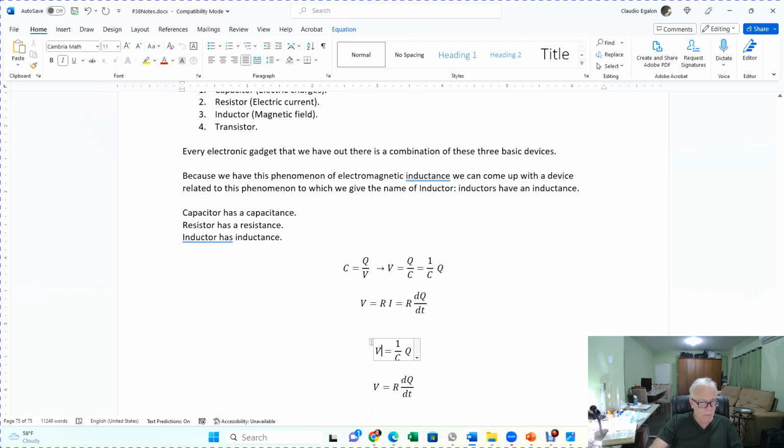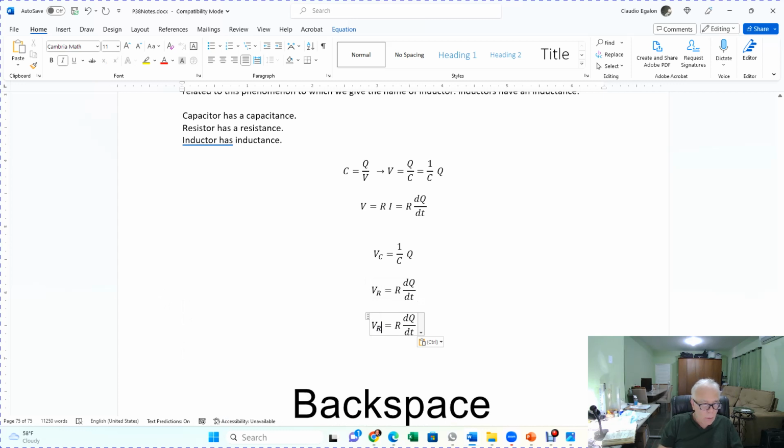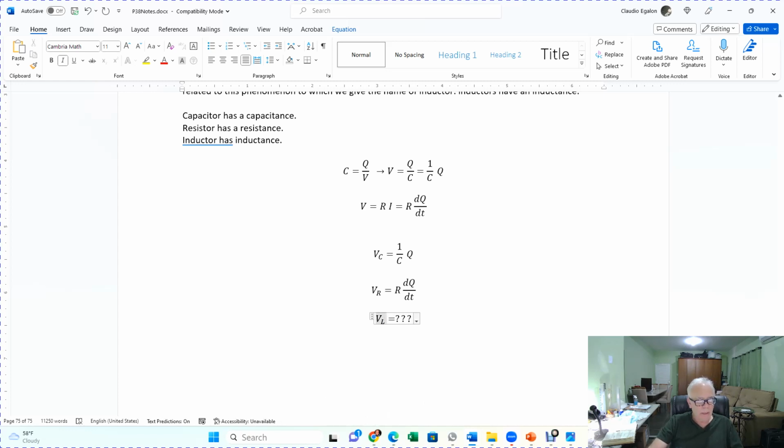That's, let's see, the voltage across a capacitor, the voltage across a resistor. And then what we're going to do, we're going to come up with an equation that's going to provide us with the voltage across an inductor. The inductor we abbreviate by the letter L. Let's see how it looks.